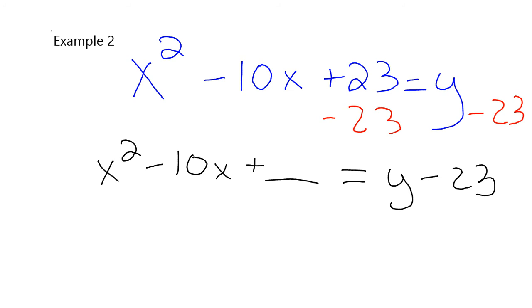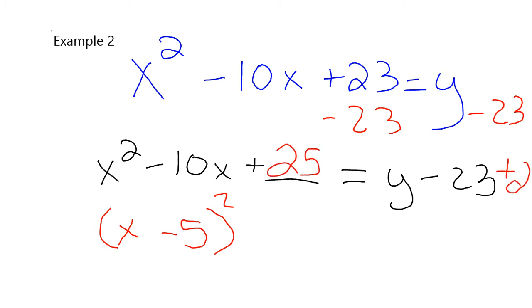So we're going to take half of b. So b is negative 10, so half of b is negative 5. We square that and put an x in front. And then we have to figure out what goes on the blank. Negative 5 times negative 5 is a positive 25. So positive 25 goes on the blanks.